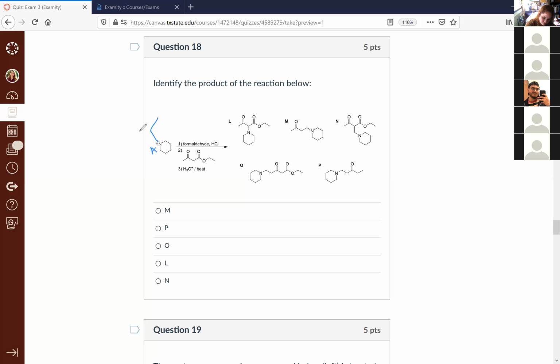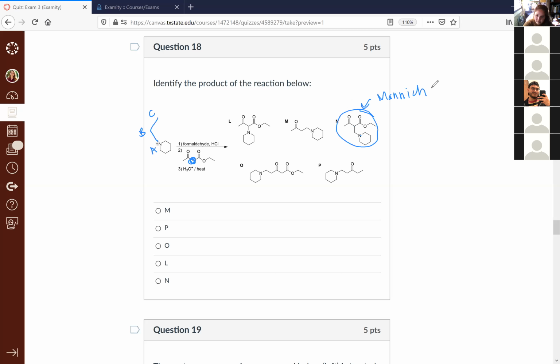So that's our A plus B. And then we create a bond to our enolate carbon. That would be C. So we are looking for a situation where there is a single carbon between the nitrogen and the enolate. So this would be the product after step 2. This is the product of our Mannich reaction.